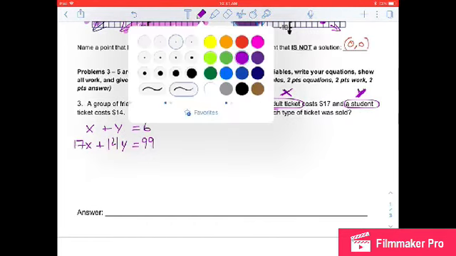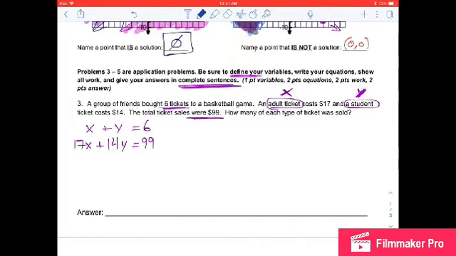And now we can decide what we need to multiply by. Okay, so if we multiply this by, I'm going to go negative 14. That's going to be negative 14X, negative 14Y equals, and then I got to use my calculator. 6 times negative 14 is negative 84. Now you could have done negative 17 or negative 14, either way.